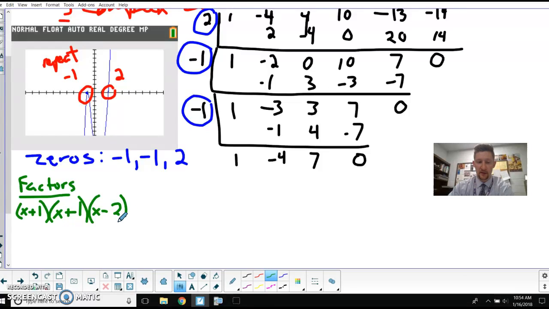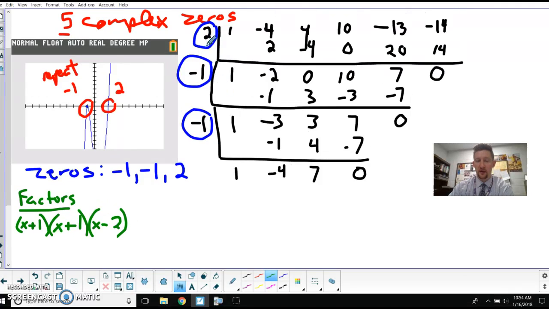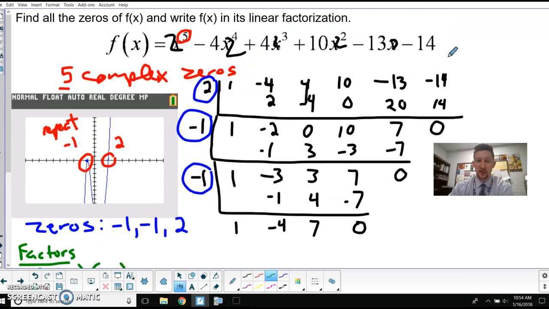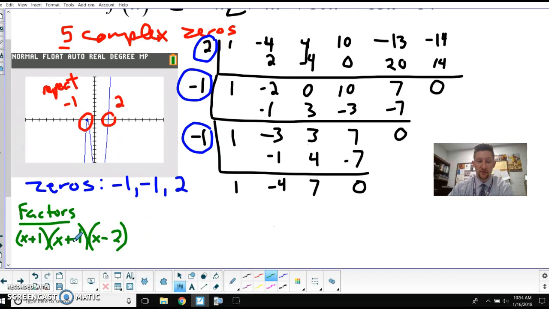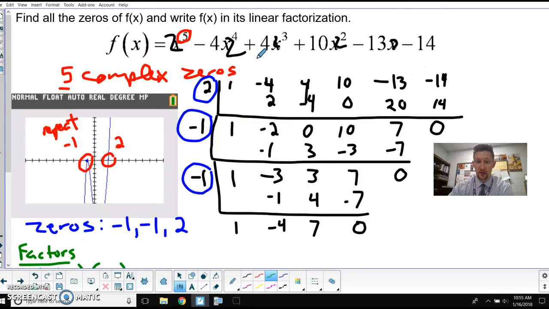Okay, so again, remember that when I'm using synthetic substitution and plugging in 2 and -1 and -1 again, what I'm essentially doing is taking this big polynomial that I started with and dividing it by each of these binomial or linear factors. Initially I had x to the 5th, and I divided it by x minus 2.